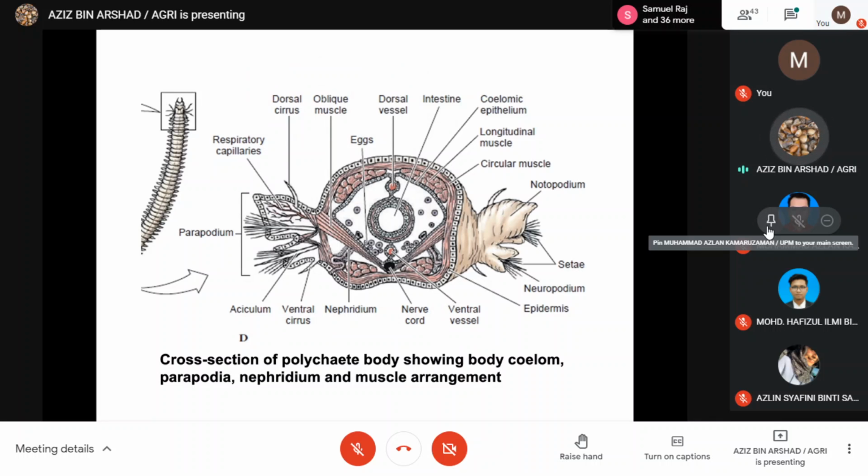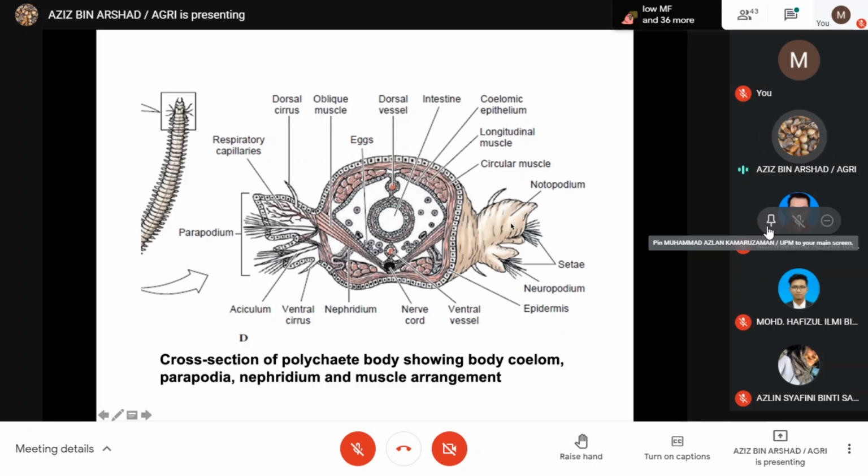So if you cut the polychaete to see the body coelom, you can see that the inside of the body is made out of coelom, and the alimentary tract is being hung on by certain structures here. But the white one that you see is the coelom. And from here you can also see the neuropodia.